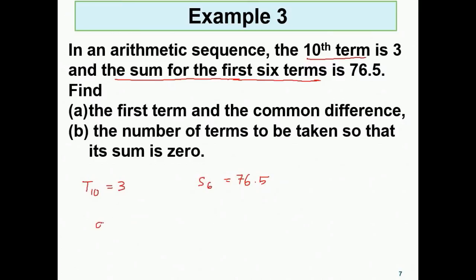Question A asks for the first term, a, and the common difference, d.